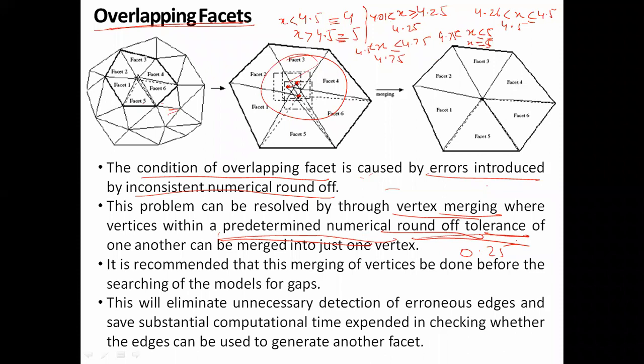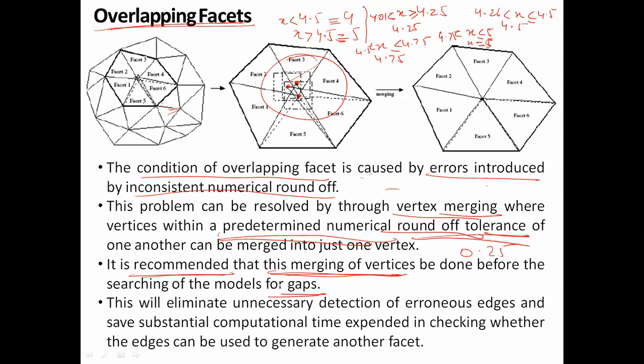It is very much recommended that this merging of vertices be done before you start looking for gaps. If you have already filled the gaps and then go for vertex merging, new gaps may appear on the surface. So the merging of the vertices should be done before the gaps are identified and filled on the surfaces.